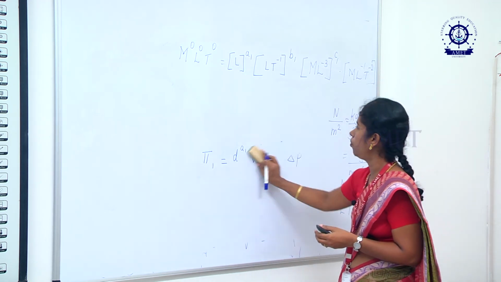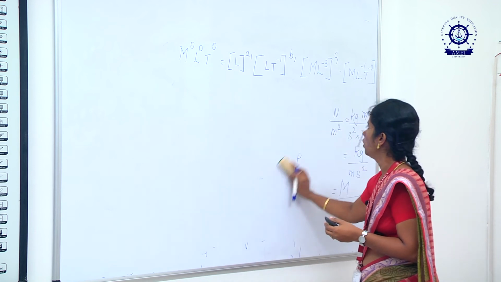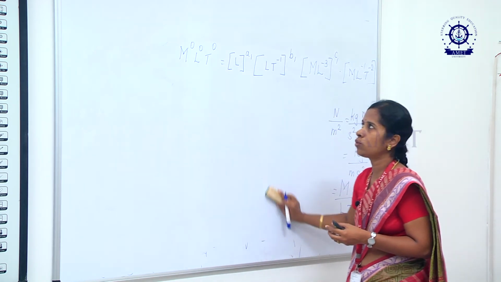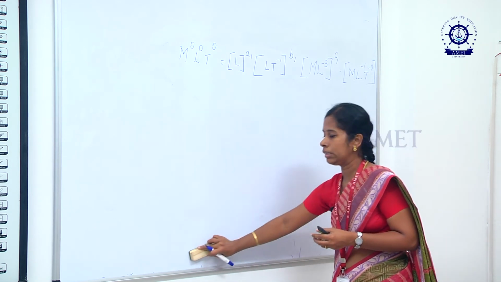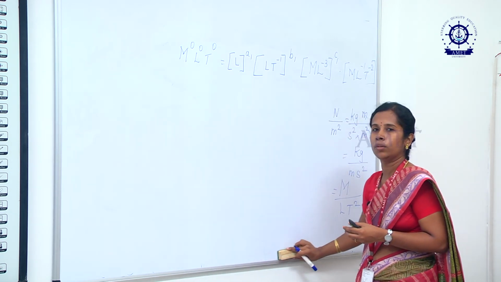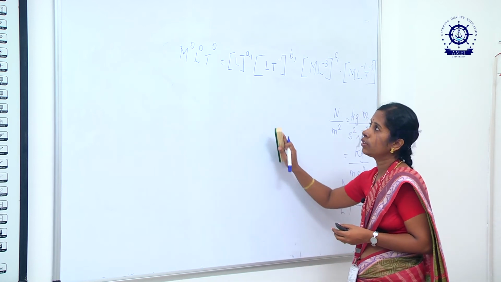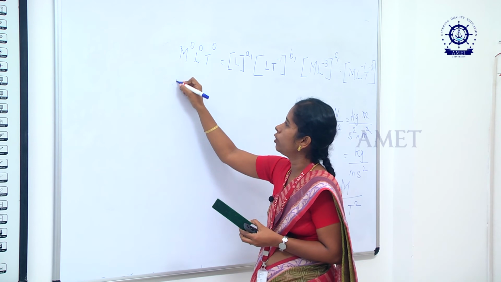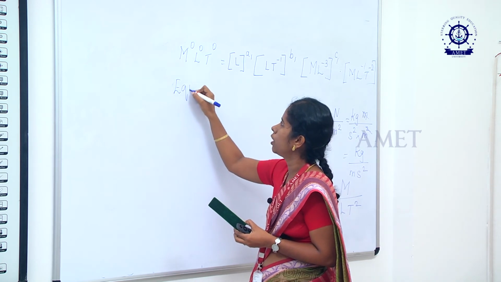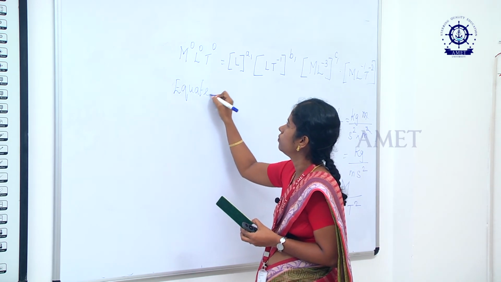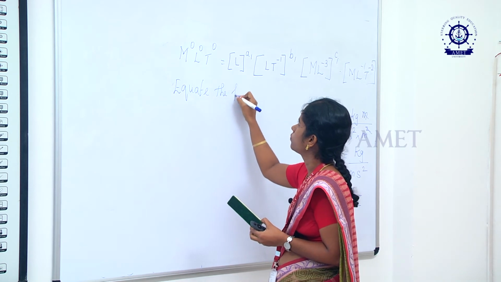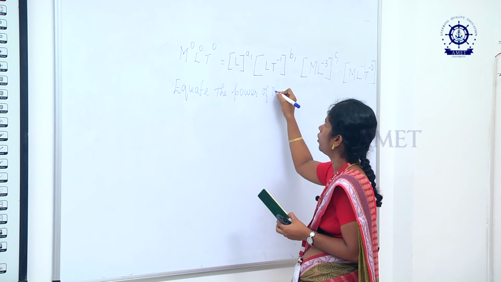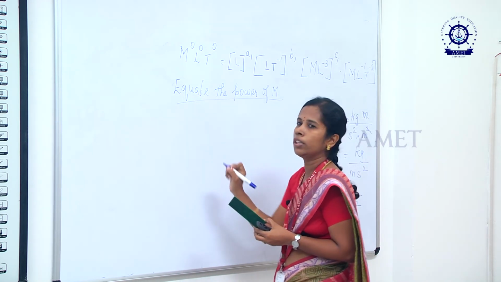Now, the next step will be, now we have put the dimensions for the equation also. Now, I have to solve the equation. We have already seen that the equation will be homogeneous when the powers on the left side and the right side are the same. Now, equate the power of M on both sides of the equation.